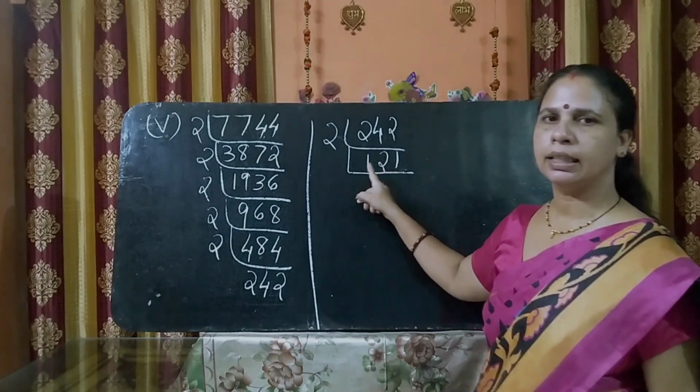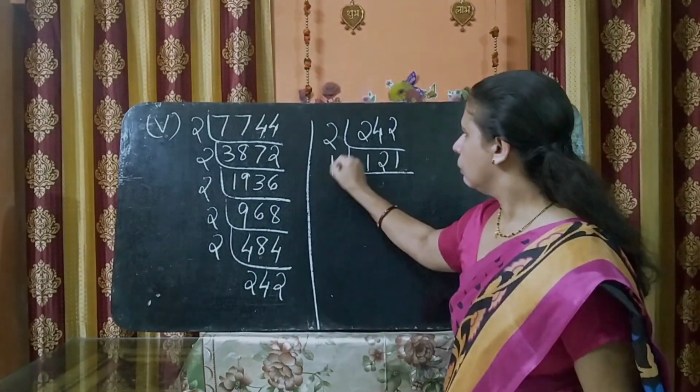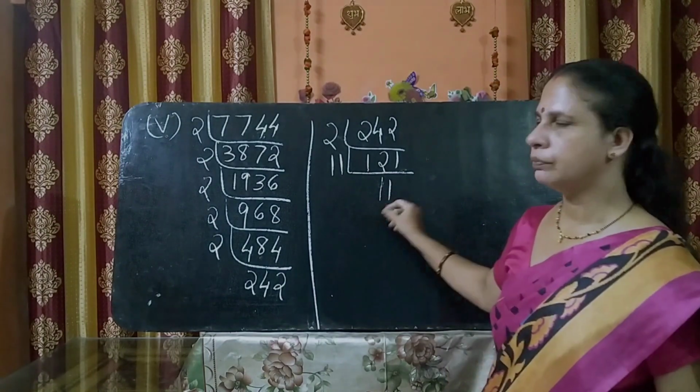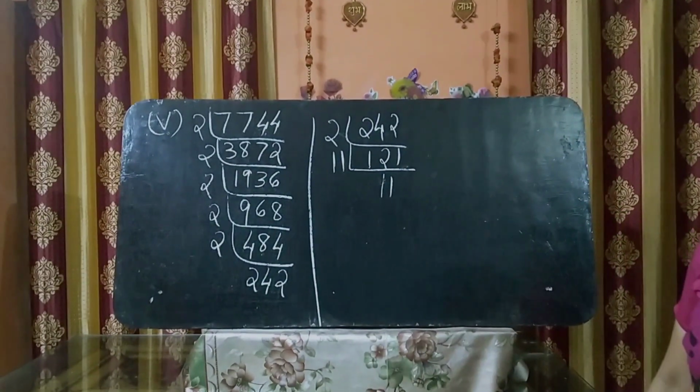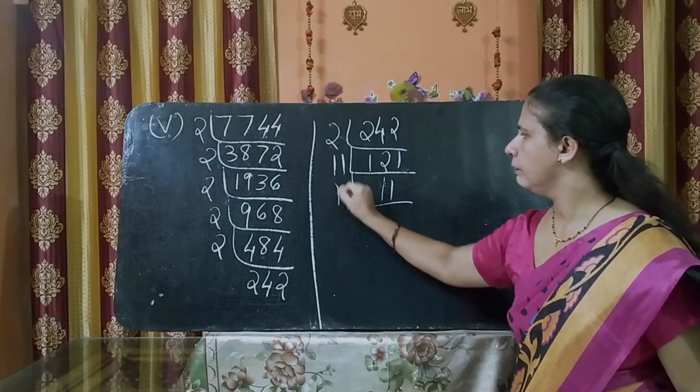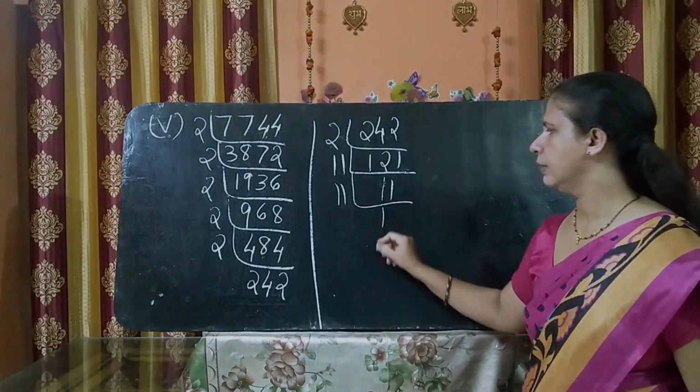We know that 11 11's are 121. Then 11. 1 into 11, 11.